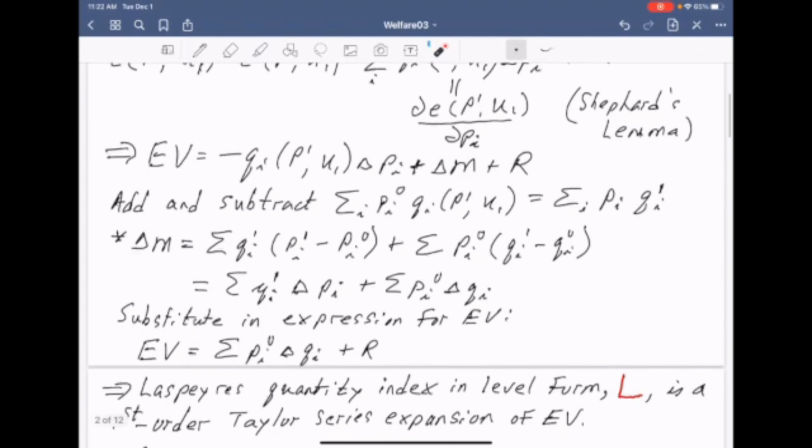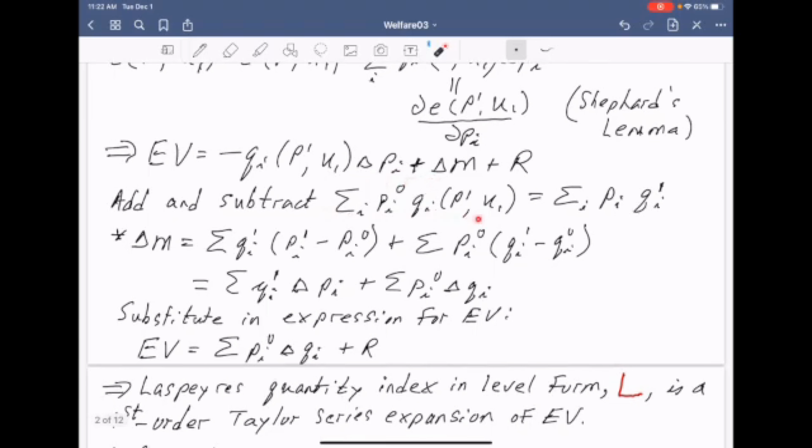So we add and subtract this term here, which is equal to P_i Q_i^1. And when we do that here, we get this result that the change in income is given by the quantities in the future situation times the changes in price plus the price in the current situation times the changes in quantity.